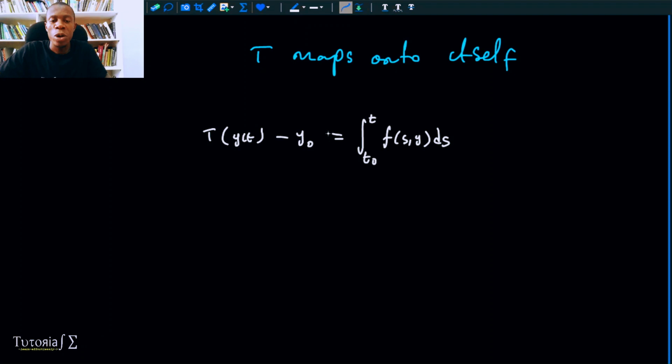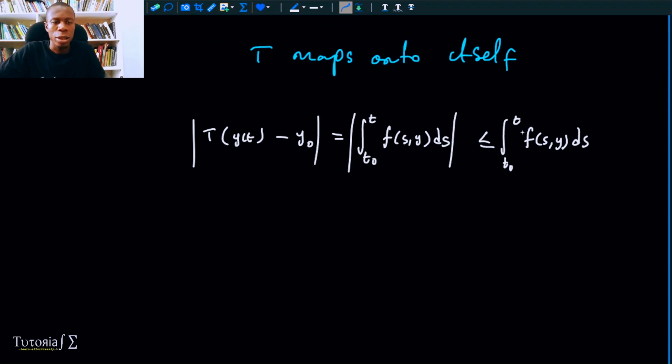So right here, we'll introduce absolute values on both sides. If we want the absolute values to be inside the integral, this will be less than or equal to the integral from t₀ to t of the absolute value of f(s, y) ds.